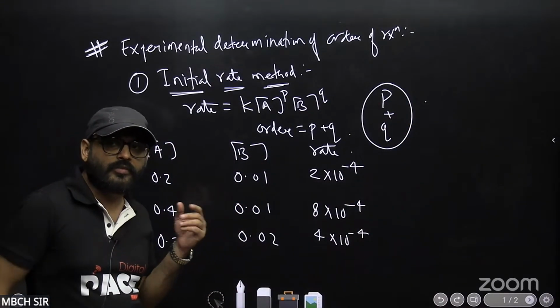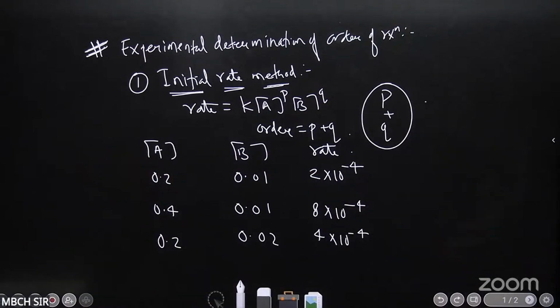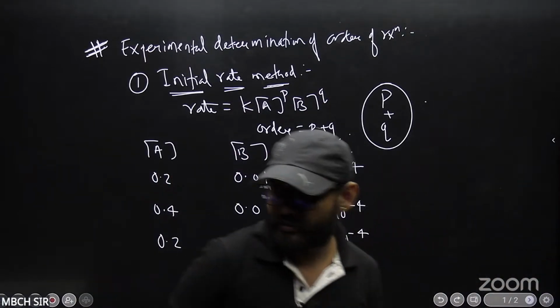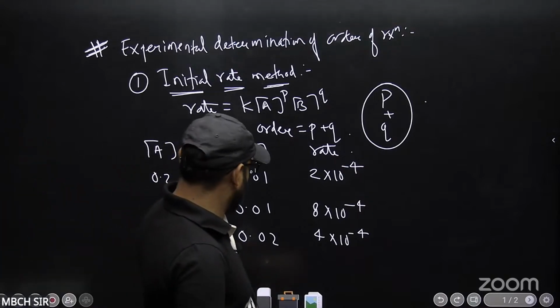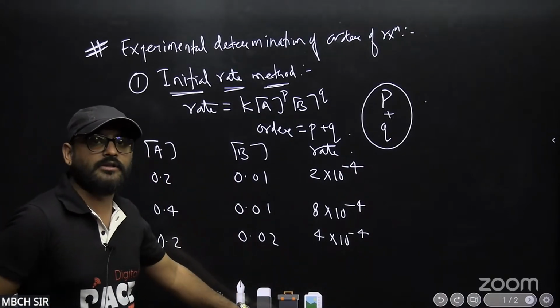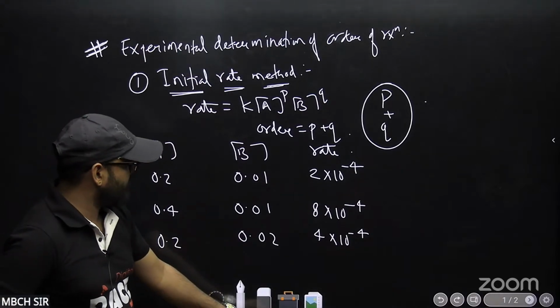Hurry up. I'm following your chat. Very good evening. Now give answers. P is 2, Q is 1.